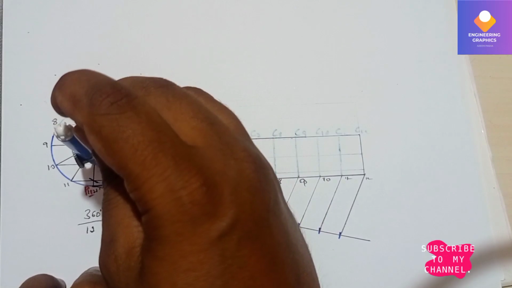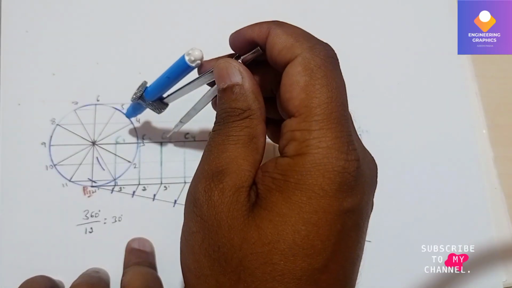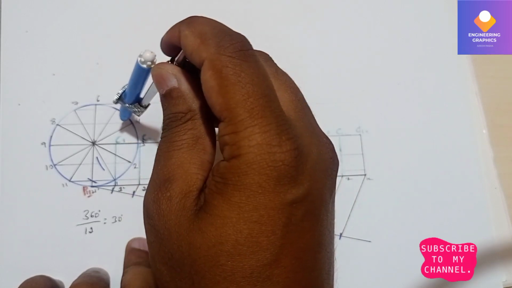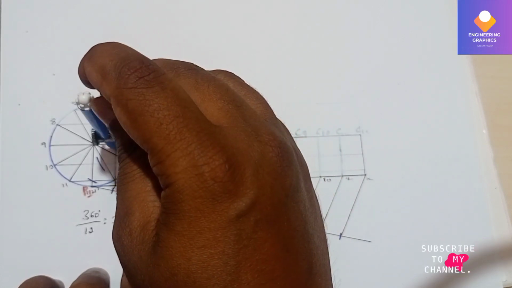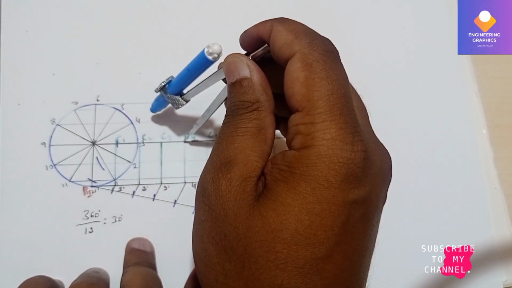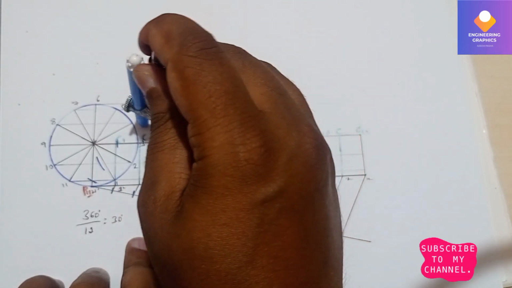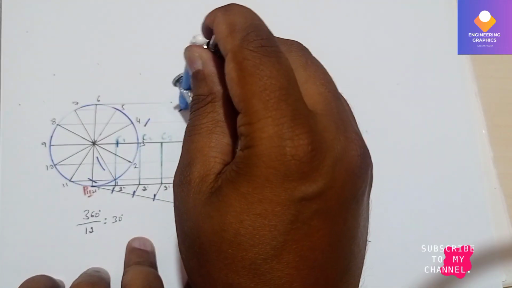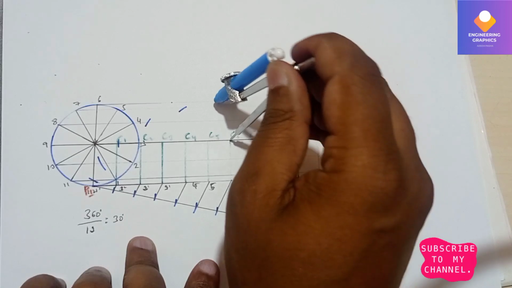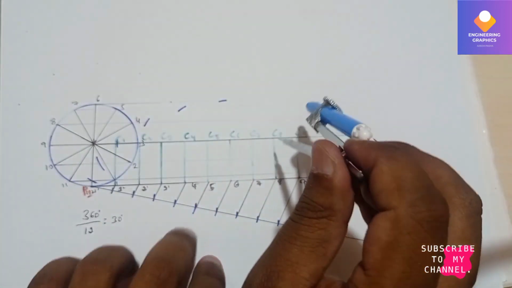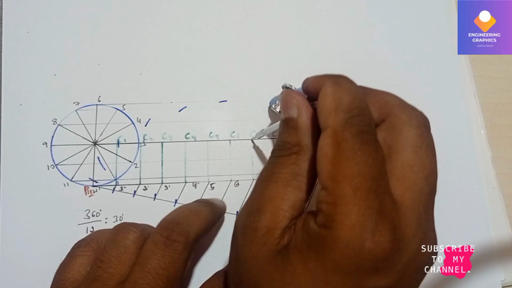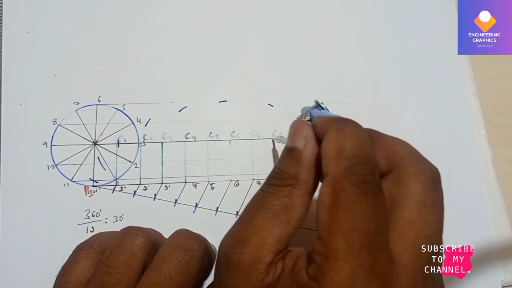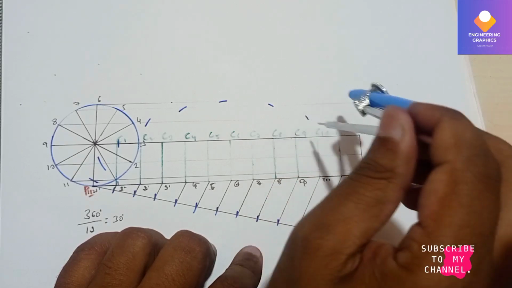And then we have this P2, and then we have this C3 here, and then we have this point C4, and then we have this point C5, then we have this point C6, and then we have this point C7, and then we have this point C8.